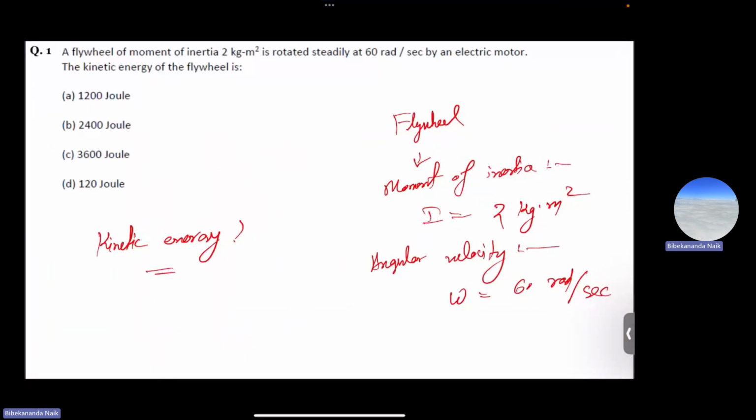So if we discuss this question, here the flywheel is being rotated with the help of an electric motor. So there is no translational motion involved here. Only rotational motion is occurring.